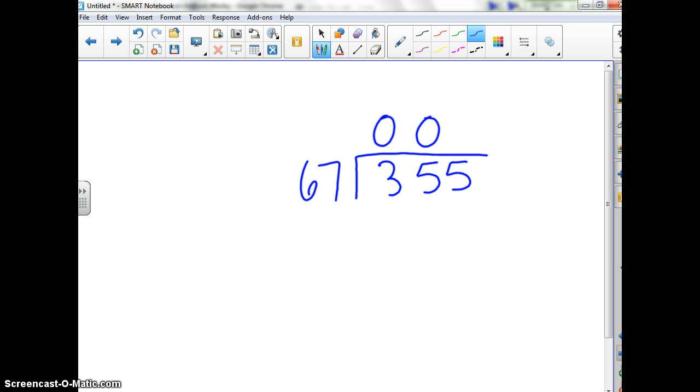It doesn't go into either of those, so how many 6's are there in 35? 5 of them. Let's try that. You try it on your board, I'll try it on mine.